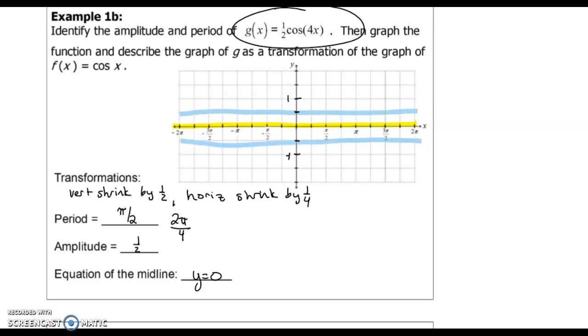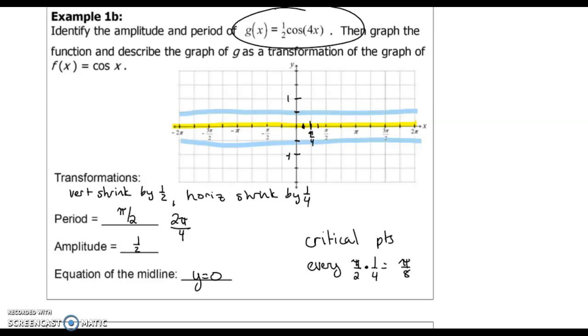Now, it's important on this one, since our period changed, to think about our critical points. You take your period, which is pi over 2, and you divide it by 4. So I'm going to times by 1/4 instead of dividing by 4. So every pi over 8. Keep in mind that this mark right here is pi over 4, so it has critical points in between there also.